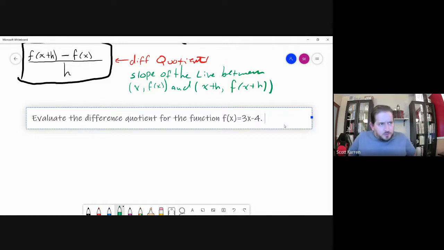So we want to evaluate the difference quotient for the function f of x equals 3x minus 4, which means plug this thing in there and then simplify it and see what happens.